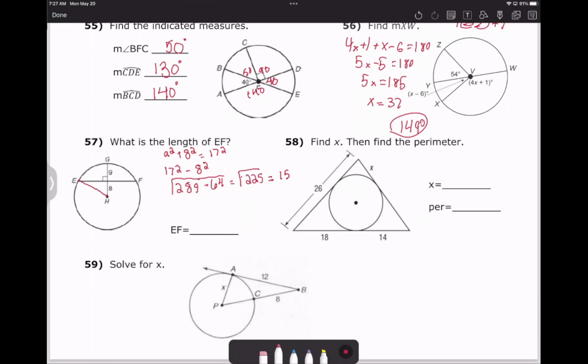Gives you that other leg is 15. We have to multiply that by 2 to get the entire length of EF. So EF is 30. Very good.